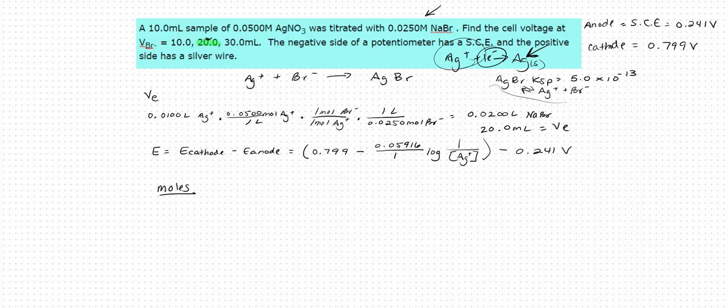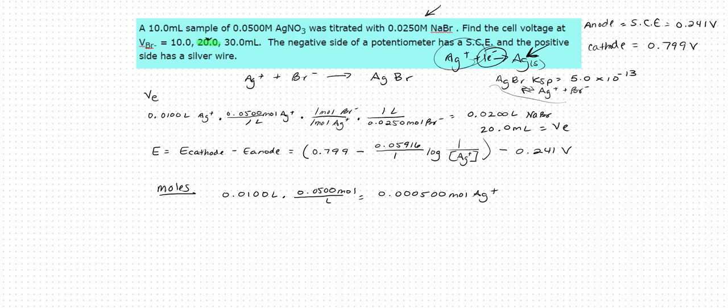How many moles of silver are in that solution to start with? Well, we take our volume and we multiply it by our concentration, and we get 0.0005 moles of silver.